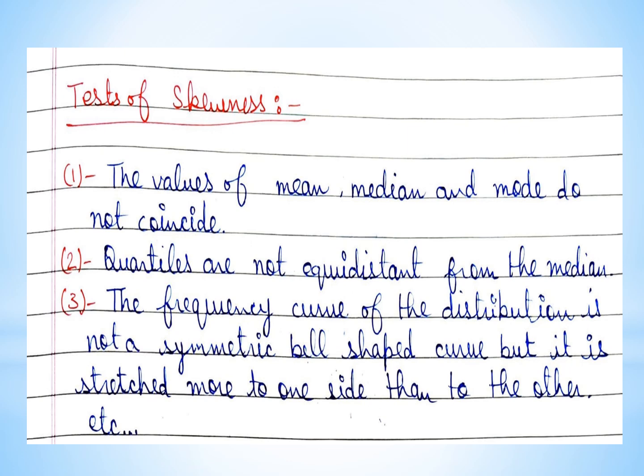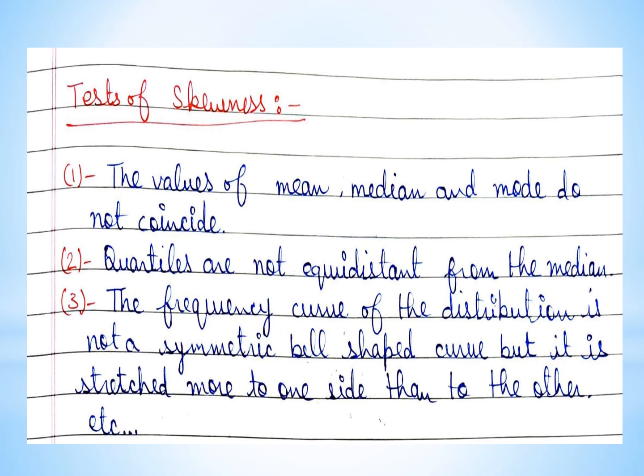We all know that in any data set there are three quartiles. Quartiles divide the whole data in four equal parts, and we represent the quartiles as Q1, Q2 and Q3. So if there is skewness, quartiles are not equidistant from the median.